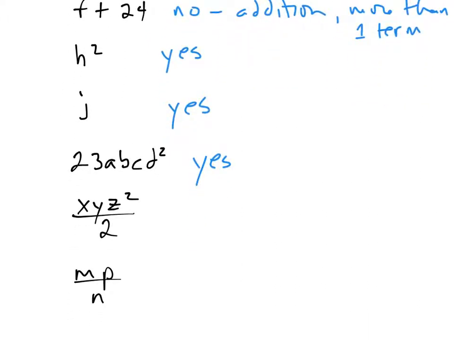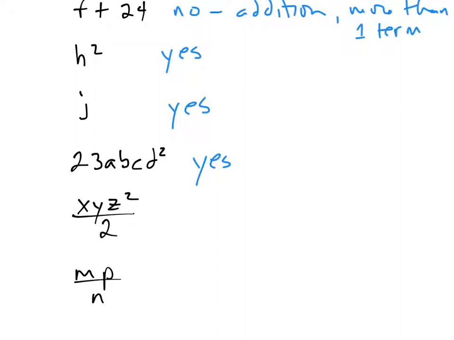XYZ squared all over 2. No. Yes. This is a monomial, and the reason it's a monomial, I know a monomial says nothing about division, right?